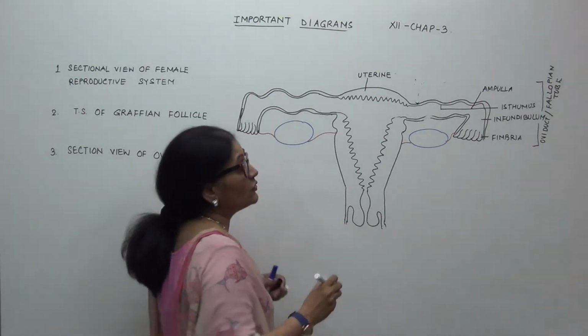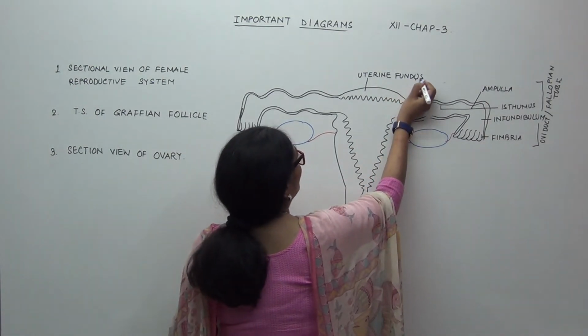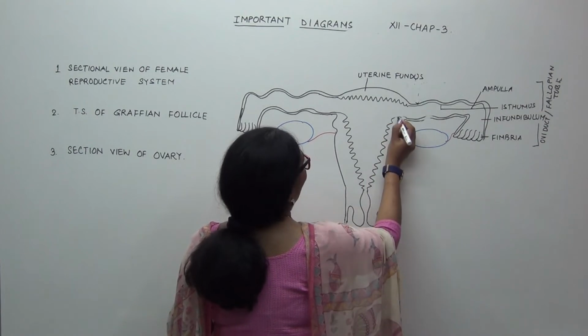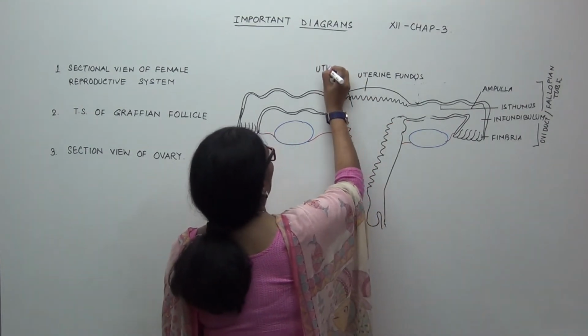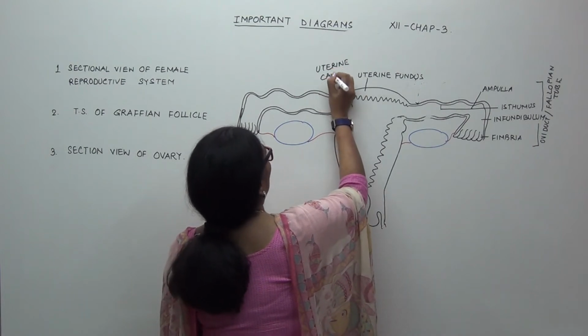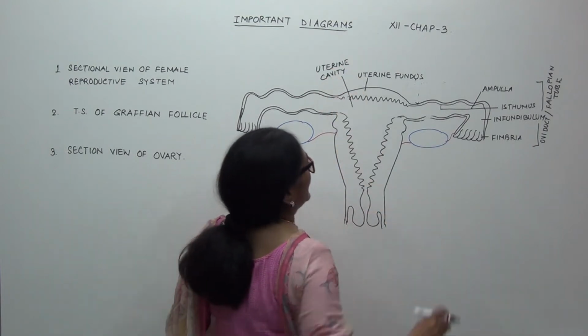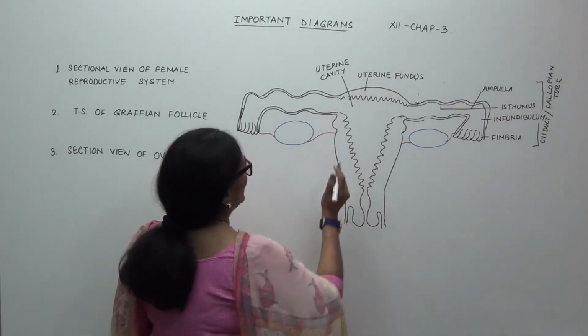This is called the uterine cavity. In uterus also we have 5 labeling. Here we have 1, 2, 3, 4, 5. Here it is 1, 2 and now the 3 walls.